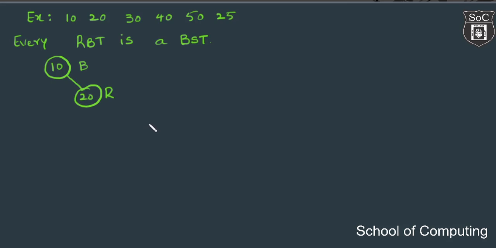So as of now it does not violate any rule of RBT, and this is fine. Now let me continue the process and insert the next element. So the existing tree is like this: 10, which is black, and 20, the newly created node, red. Now I need to insert the third element, 30.